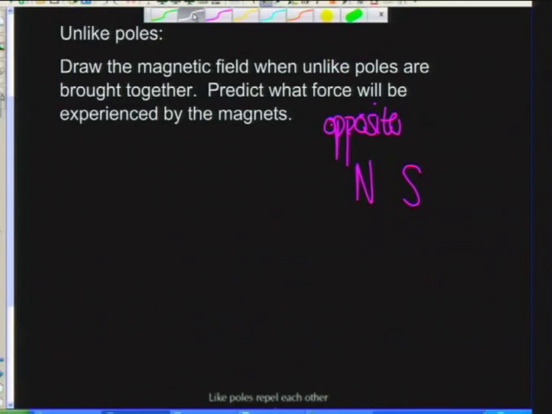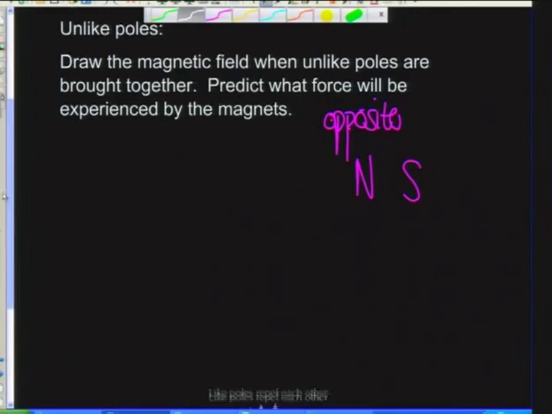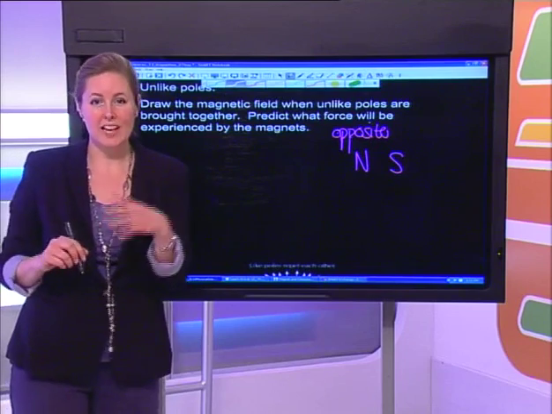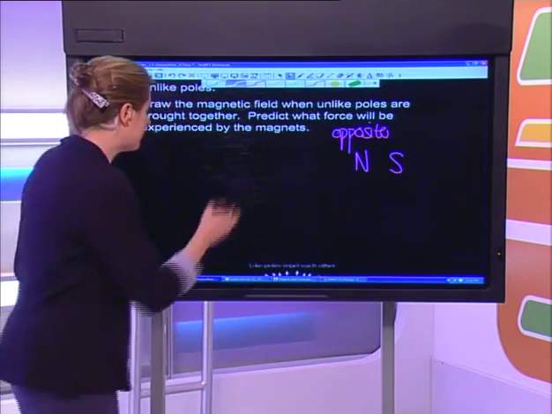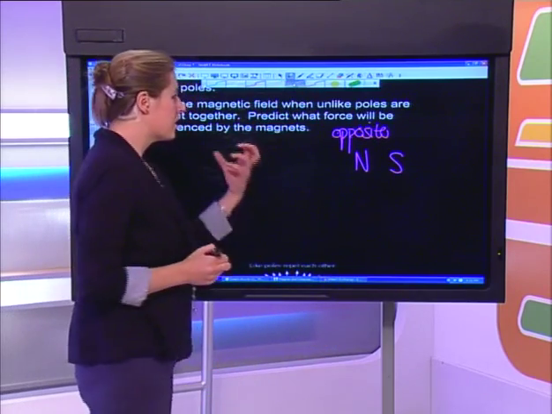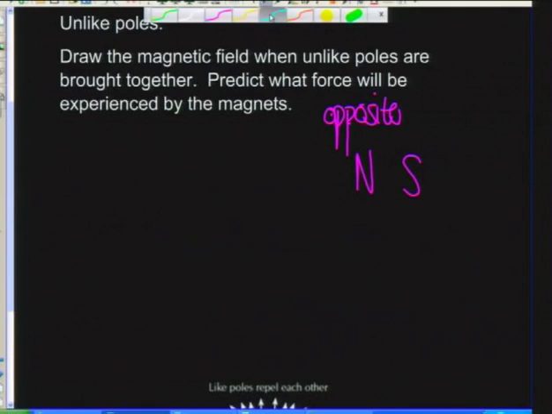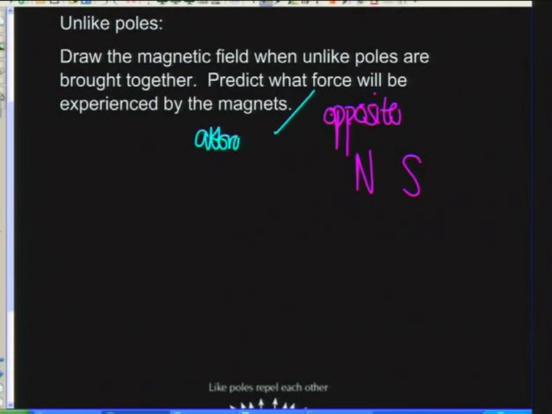When unlike poles are brought together, predict what forces will be experienced by the magnet. Well, let's predict first, because I often find that a prediction will help you in terms of your drawing. So, what force will be experienced? Our options are, will it be an attraction or will it be a repulsion?